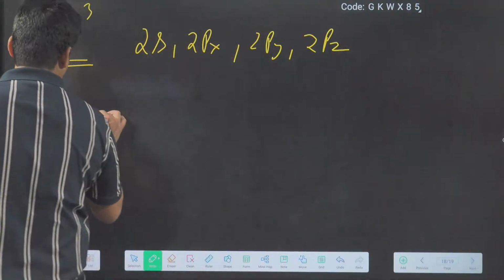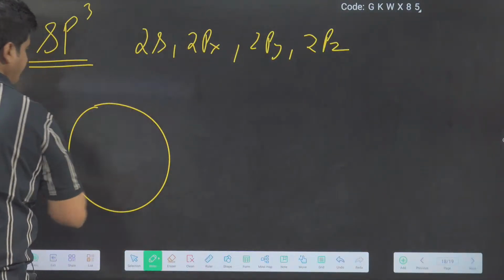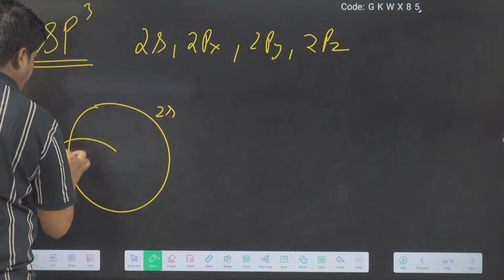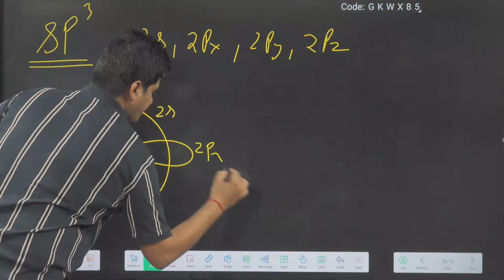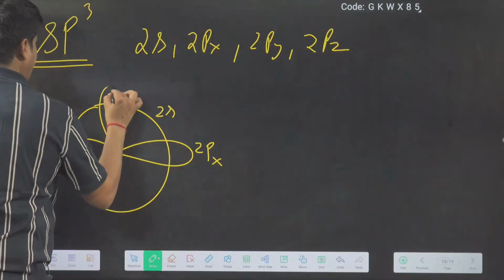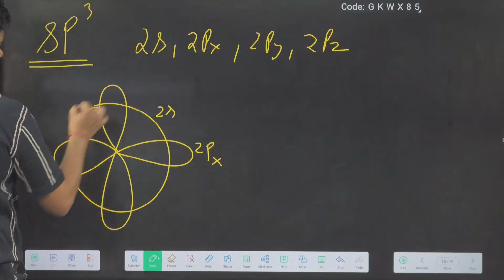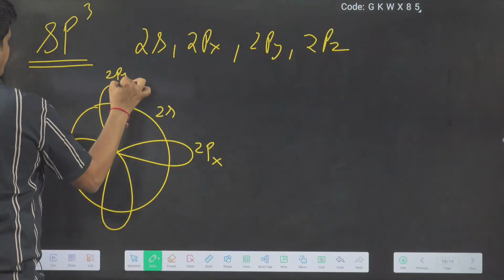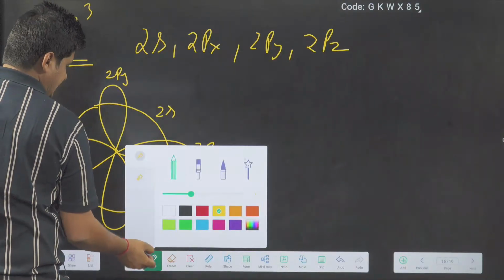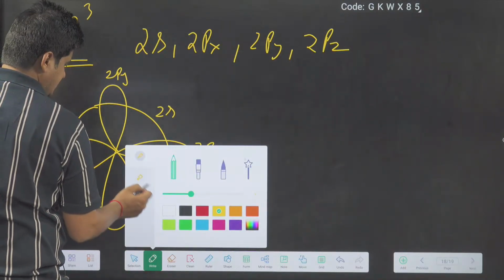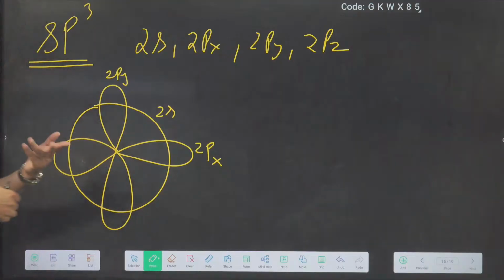So I will take here 2s orbital, 2px orbital, 2py orbital, and 2pz is perpendicular. So I can represent 2pz. I cannot draw in 3D here.